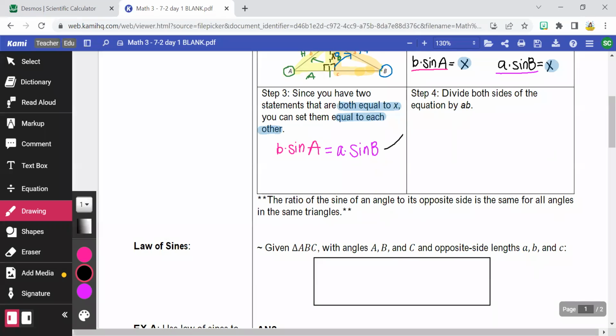So I'm just going to rewrite my equation over here. I have B sine A is equal to A sine B.